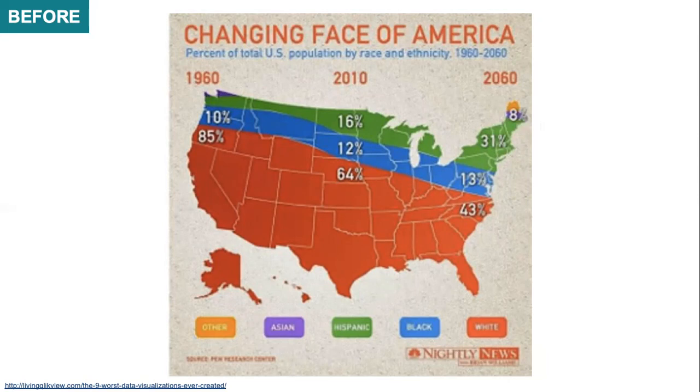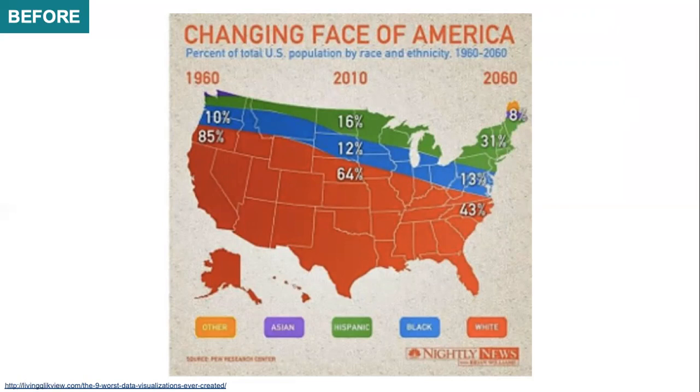Trying to do some sort of change over time when projected onto a map is incredibly complicated, because it becomes incredibly unclear what this is trying to show. Is this trying to show change over time, or is this trying to show where these various groups live within the United States?